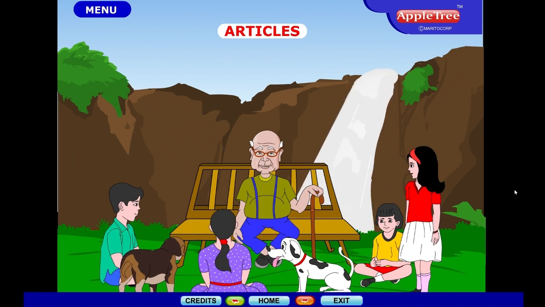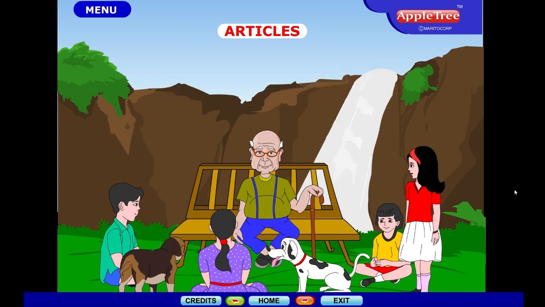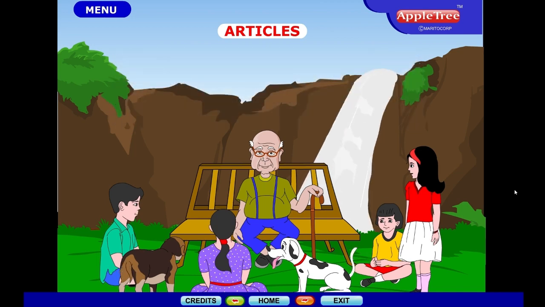Now, we will see articles in detail. As I have already said, a, an, and the are the articles. Tell me, when should the articles be used? The article a is used before words beginning with consonant sound, and the article an is used before words beginning with vowel sound.